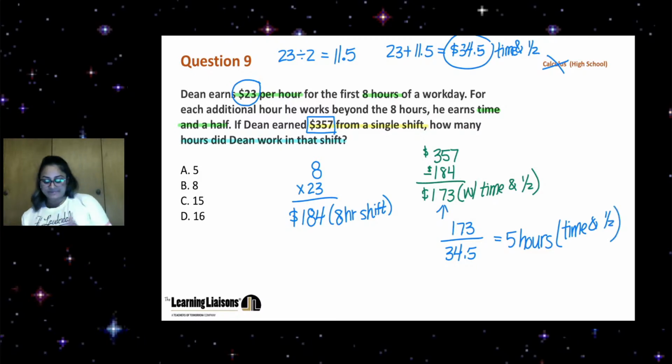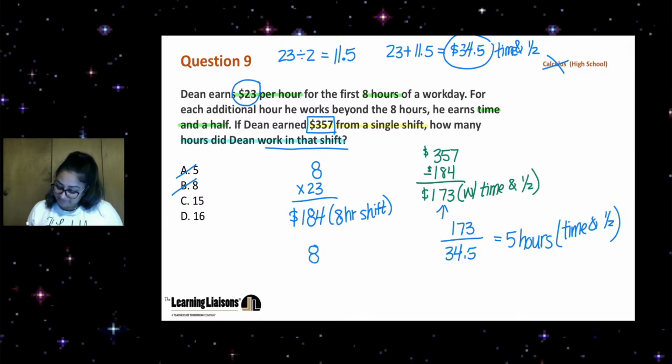Okay, but the time and a half time is not the answer that we're looking for. I know I'm tricking you now. It's looking for the entire shift. He didn't work 5 hours in the shift. He worked more than that. And he didn't just work 8 hours in the shift. He worked more than that. Oh, I didn't put the right answer, did I? Well, we have to add the 8 and the 5.